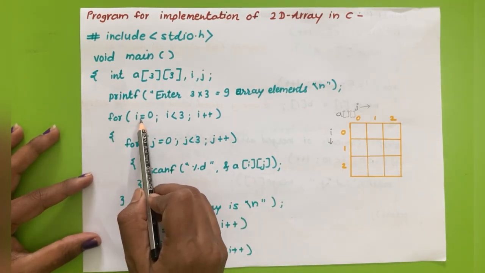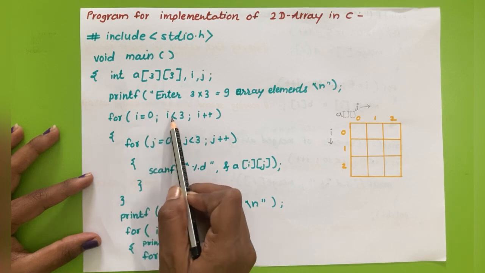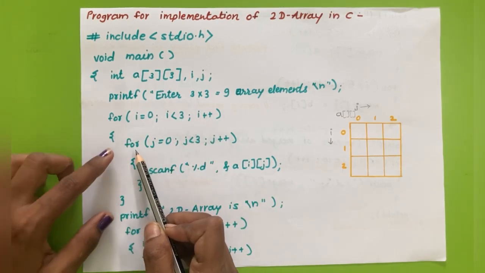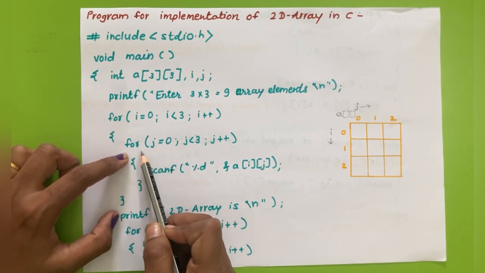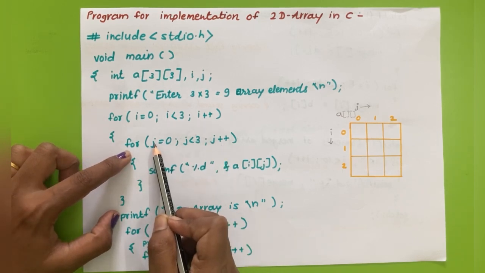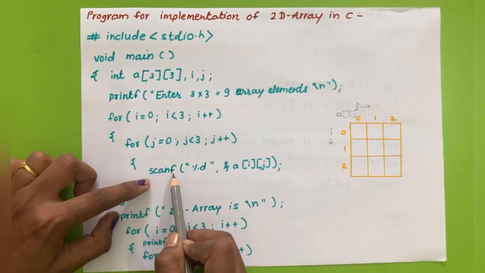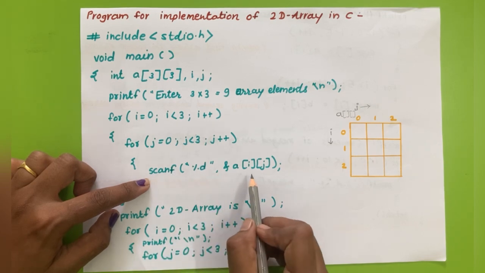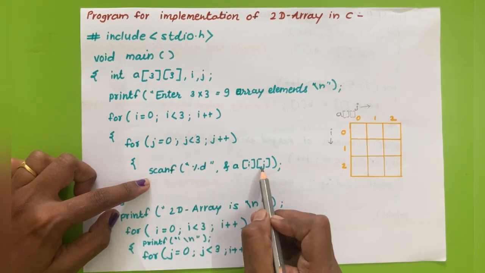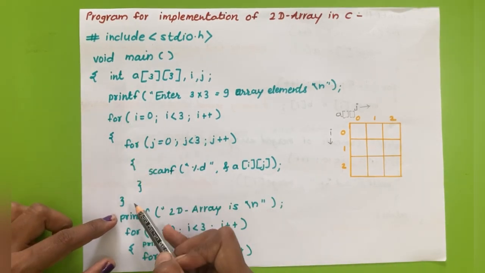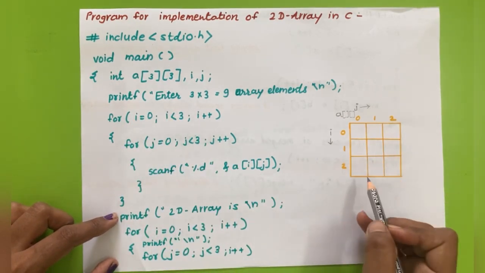Okay, so for I is equal to 0, I is less than 3, I plus plus, again inside this we have the same condition for another index, that is j, and here we want to accept the element, that's why the scanf function is used and it will increment the row as well as the column index one by one. Okay, so a total of 9 entries will be filled up.